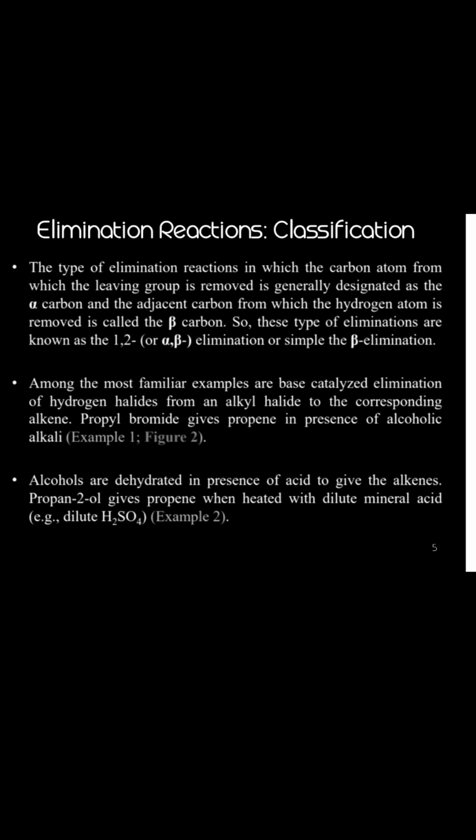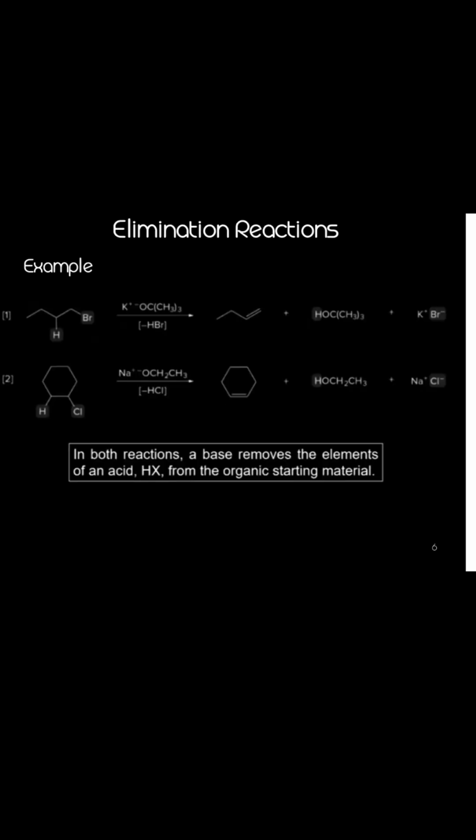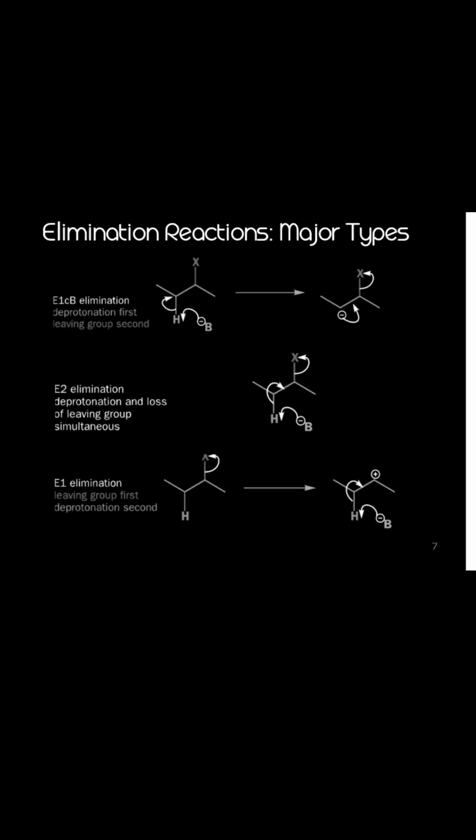The acid may be HCl or any strong acid with dilute H2SO4. The acid is used as catalyst to convert the alcohol into alkene. Hence, this is the second example of elimination reaction.